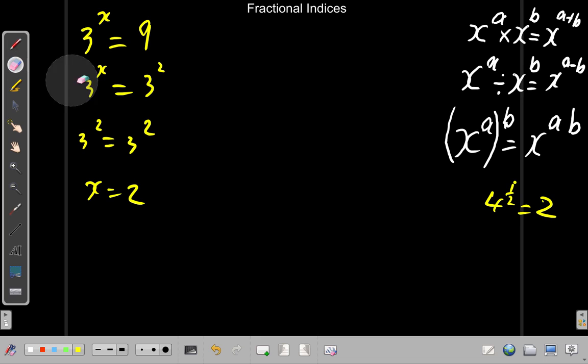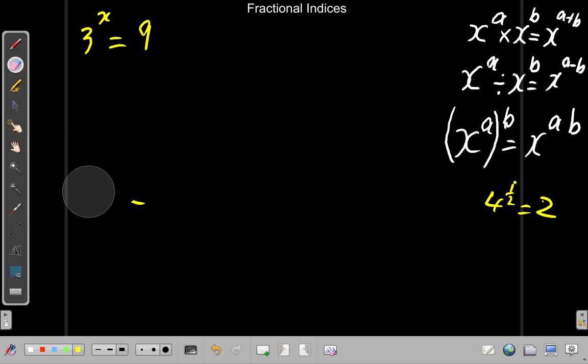Now, let's do it this way. 9 to the x equals 3. What is x equal to? Let's rewrite 9 as 3 squared, because we know 3 squared is 9.